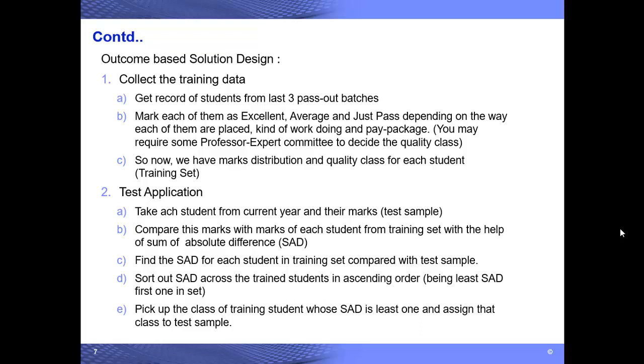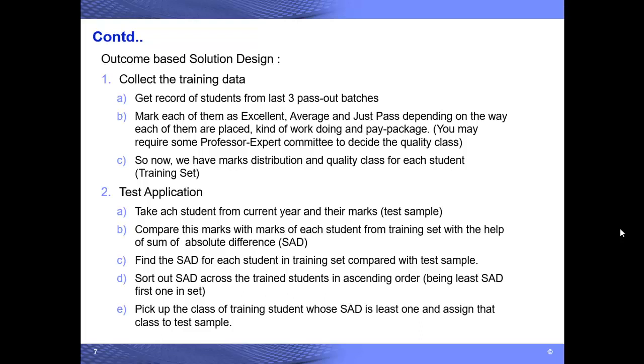So, procedurally, how are we going to do that? Take each student from the current year. So just consider now one student, that means one test sample. The next step is to compare this test sample's marks with the marks of each student from the training set with the help of the sum of absolute difference. Now how do we calculate the sum of absolute difference? We have 3 marks for the training sample and 3 marks for the testing sample.